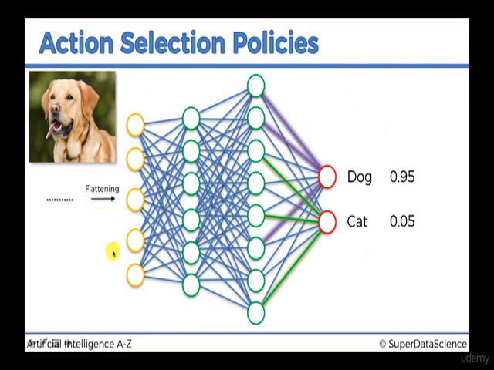Here we've got a convolutional neural network which decides whether it's a dog or a cat. Here we've got the voting process between these neurons, and this one says that it's got the features: the fluffy ears, the pointed face, the types of eyes, the way the eyes look, all these features that belong to a dog. So it's a 95% chance that it's a dog and a 5% chance that it's a cat.